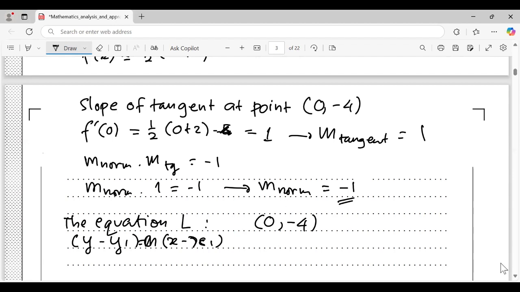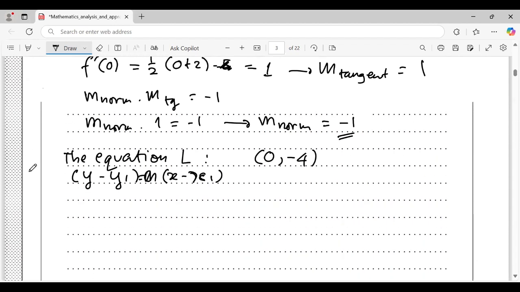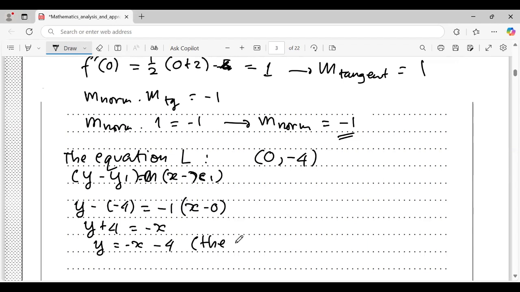So y plus 4 equals minus x, and after that, y equals minus x minus 4. So this is the equation of the normal line L.